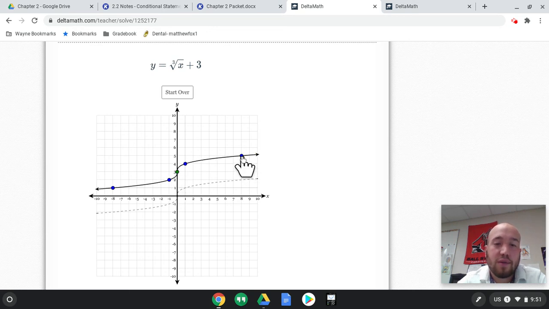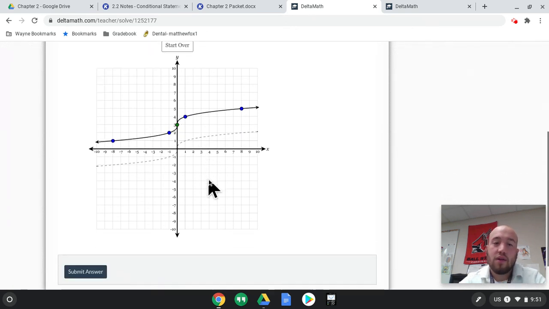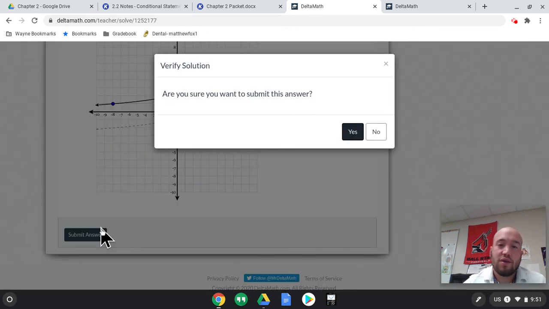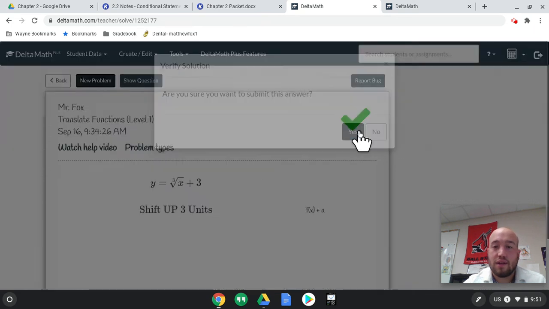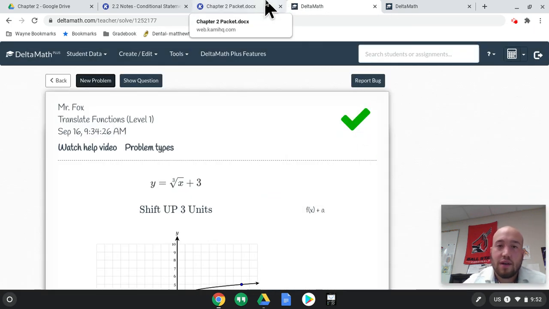Now notice, if I grab this blue dot, it changes the whole thing. So I don't want to do that. Instead, just grab it by the green dot. That's where it originally was. We shifted up 3, let it go, and that's how you can move it around, and then you submit your answer, okay? And say yes. And we got it.